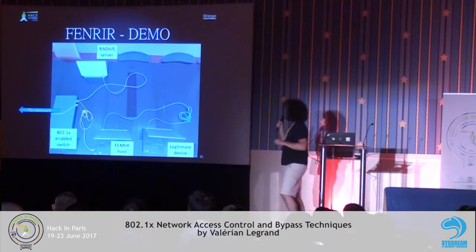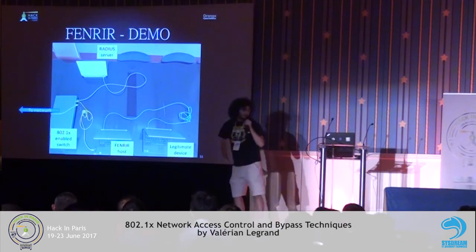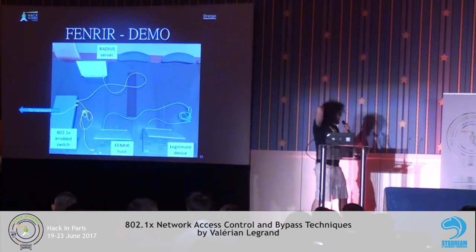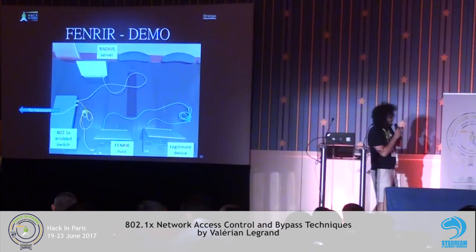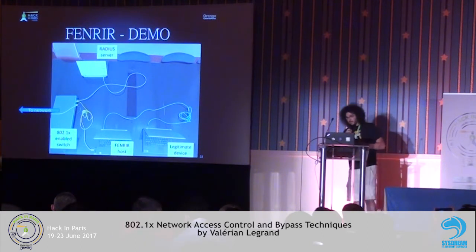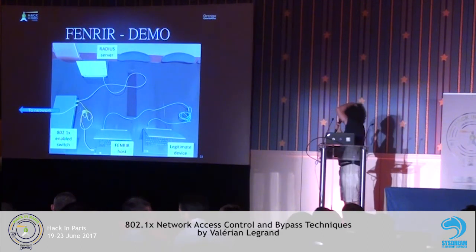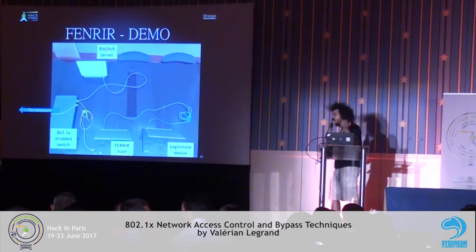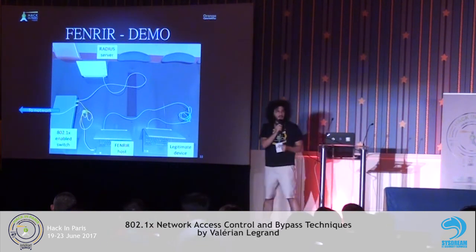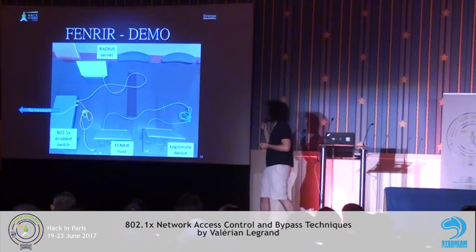Demonstration time. So this picture is just a picture of the lab that was used for the development of the tool. And as you can see, it would have been a bit complicated to have all the machines here for the demonstration. So excuse me, it's only going to be videos, unfortunately.